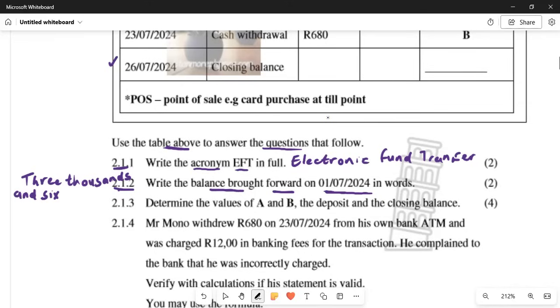Remember, guys, as we are writing this in words, we are also checking the spelling. So we have 2.1.2 correct. All right.